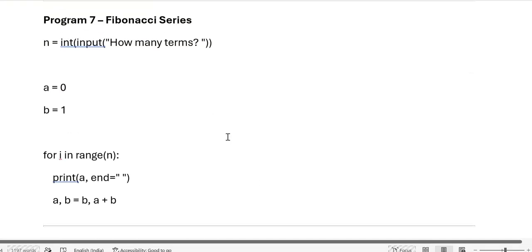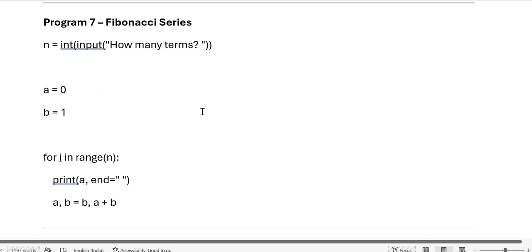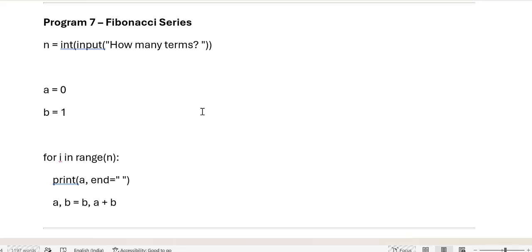Now Fibonacci series. How to find these using Python code loops? How can you use loops to find this? First you need to take the input, how many terms you want, then specify the starting point of A and B, and then write the range from where it is going to start.